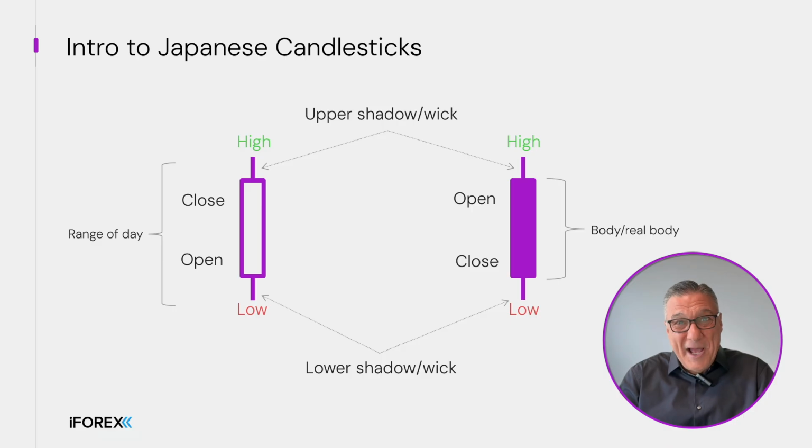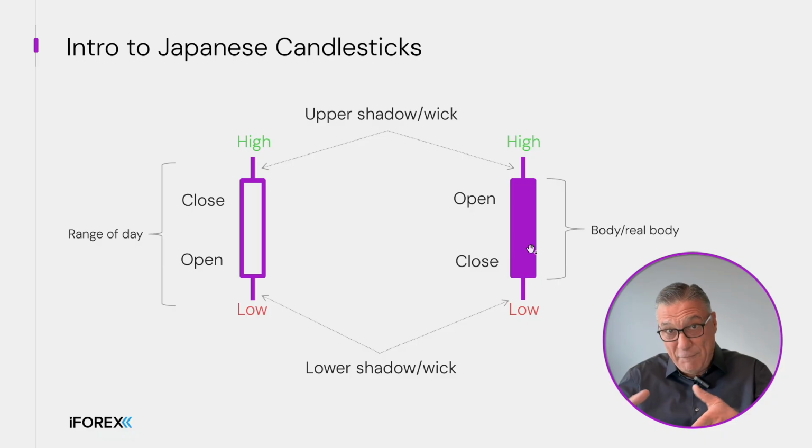Good. Now, let's explore in more detail the anatomy of the Japanese candlesticks. Good. So, as we mentioned so far, we have a white or hollow or empty candlestick, meaning that it opened lower and it closed higher. In this case, of course, it opened higher and closed lower.